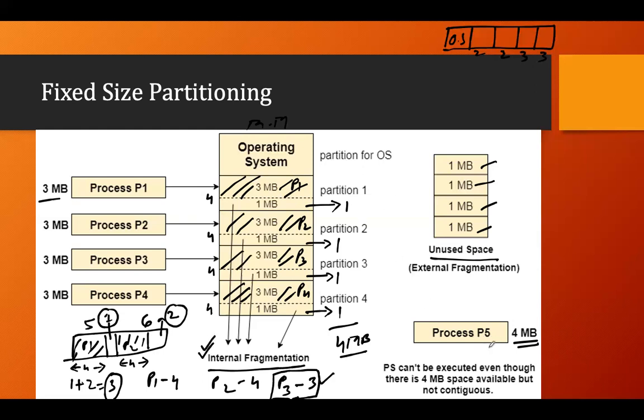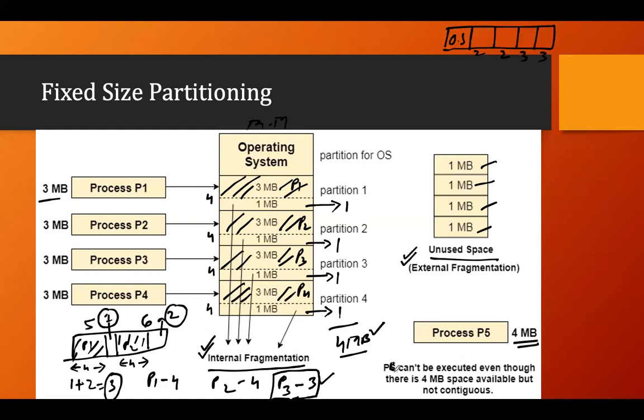If there is a process P5 and it requires 4 MB of memory, in total I have 4 MB of memory, but not in a contiguous way. That's why I cannot accommodate this P5 in this particular memory. This problem is called external fragmentation. Got it?